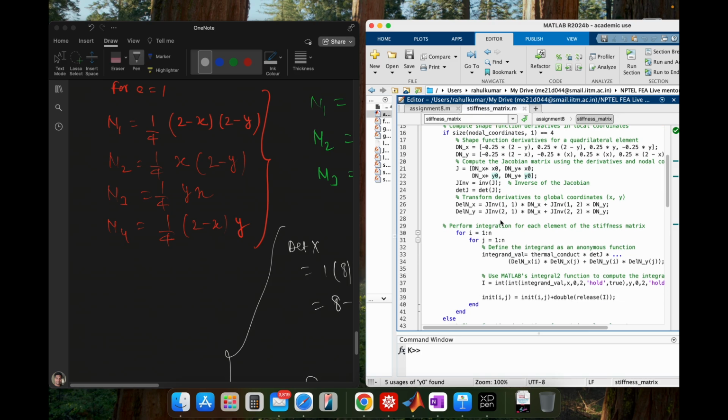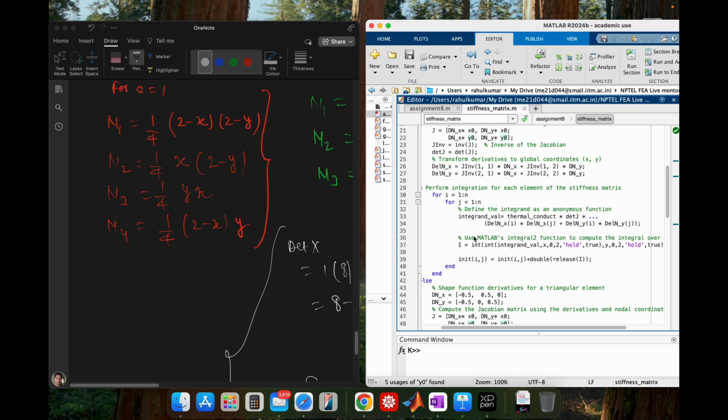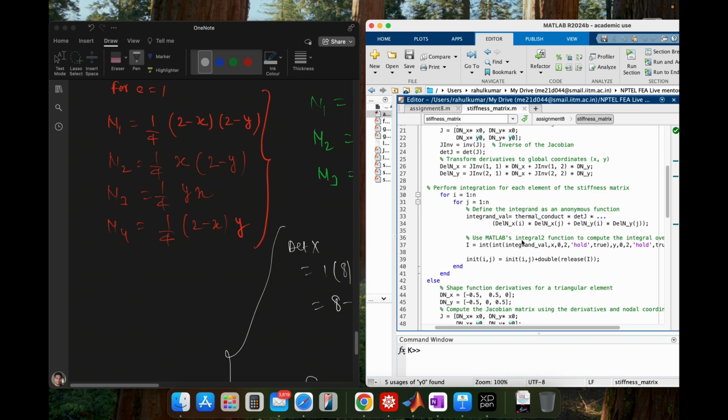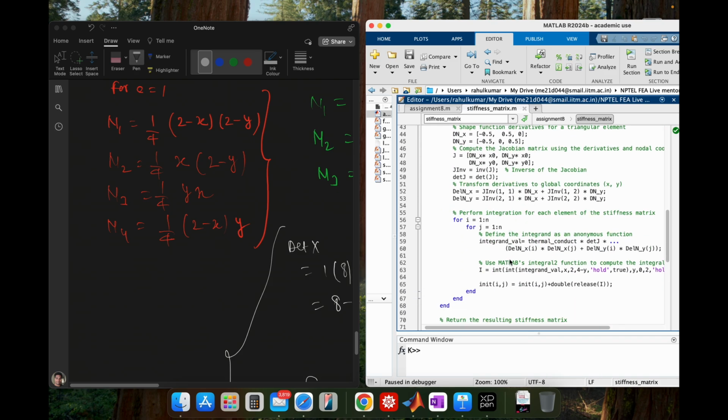And this is the inverse, and when you write it here, you can easily get del n by del eta and del n by del xi. Then when you write everything here, you get the determinant J, and similarly the whole thing del n by del x in terms of xi and eta. This whole thing is for the rectangle, and this is the triangle.